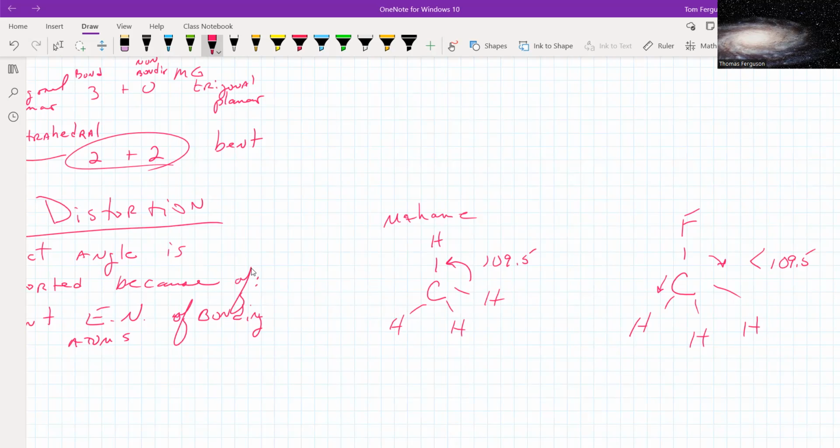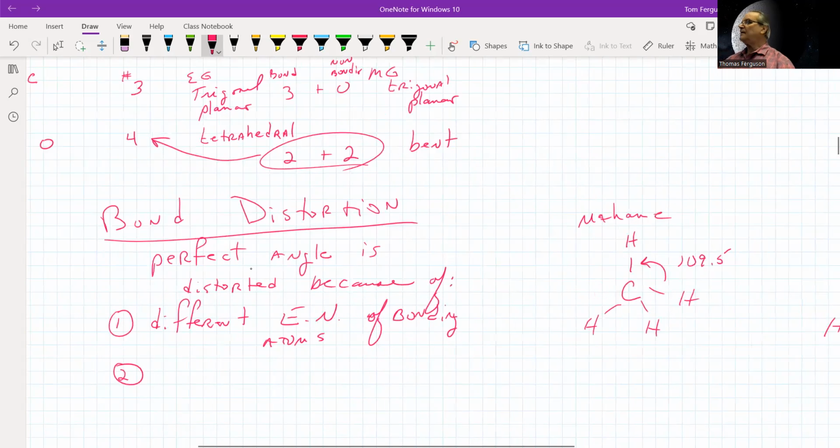Okay, so when an atom comes in closer, it pushes the other bonds closer together. If this is longer, it's going to allow these to spread out more. Okay, so that's one kind of bond distortion. Does that make sense?